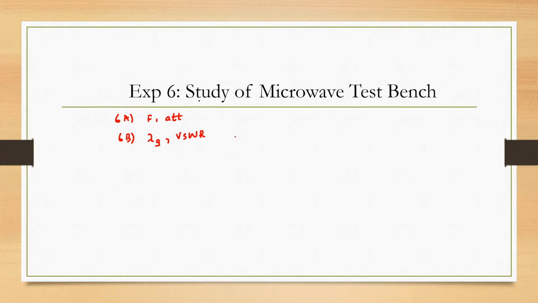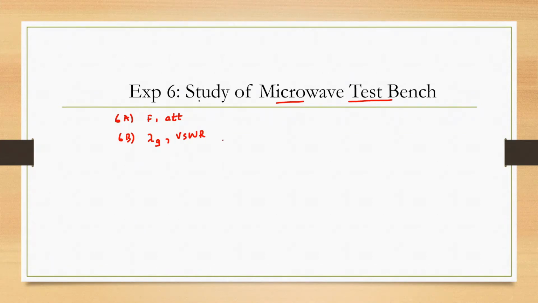The microwave test bench is used to study microwave characteristics like guide wavelength, free space wavelength, cutoff wavelength, or in the other way the different frequencies, that is free space, guide, cutoff frequency, then voltage standing wave ratio, attenuation, isolation characteristics, and study of directional couplers. For all these measurements, we are going to use the microwave test bench.